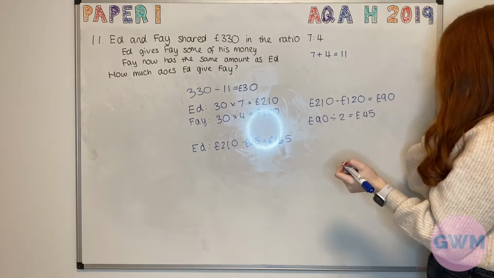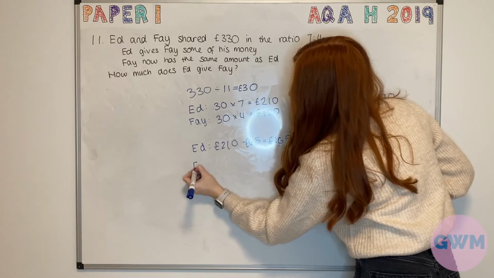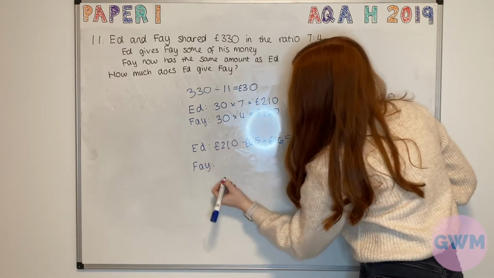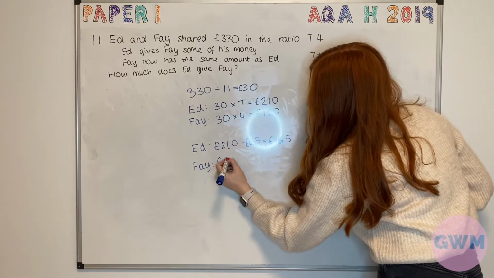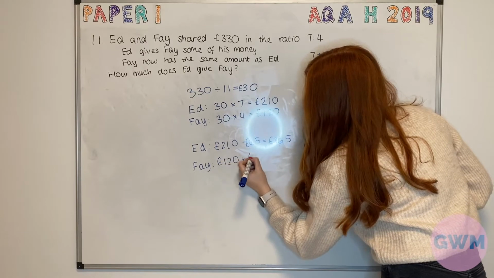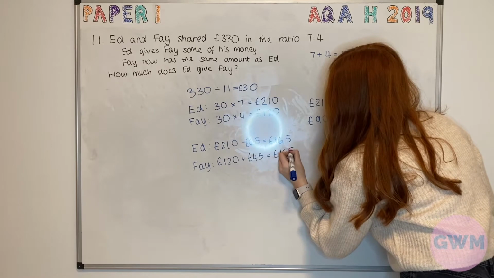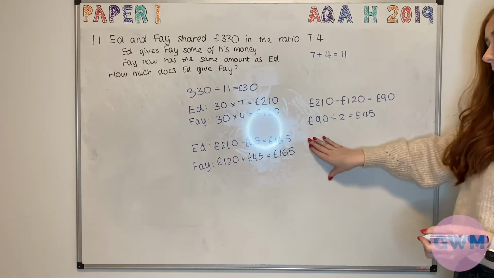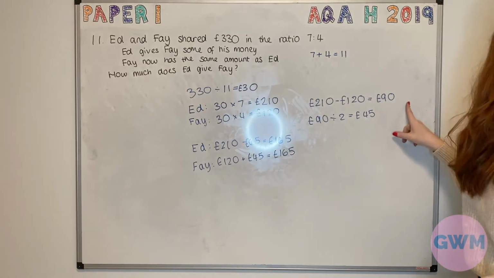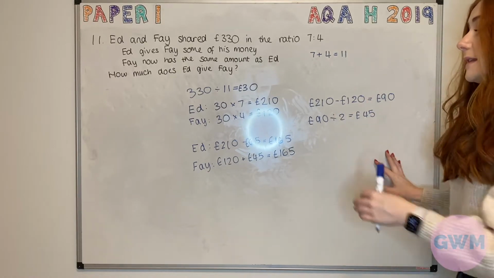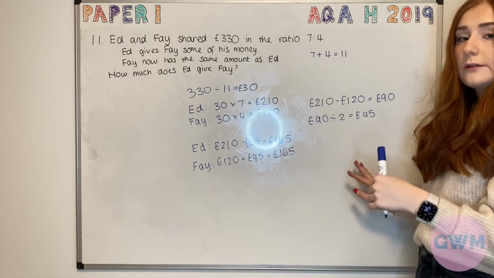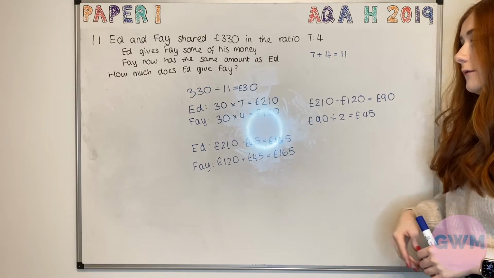165. So, now let's look at Faye's value. So Faye's getting money off Ed. So her number's going to go up by £45, which means hers is also going to be 165. So they're going to have the same answer. So all I've done is taken the difference, divided it by 2, and said that he's going to give up that 45. She's going to gain that 45.